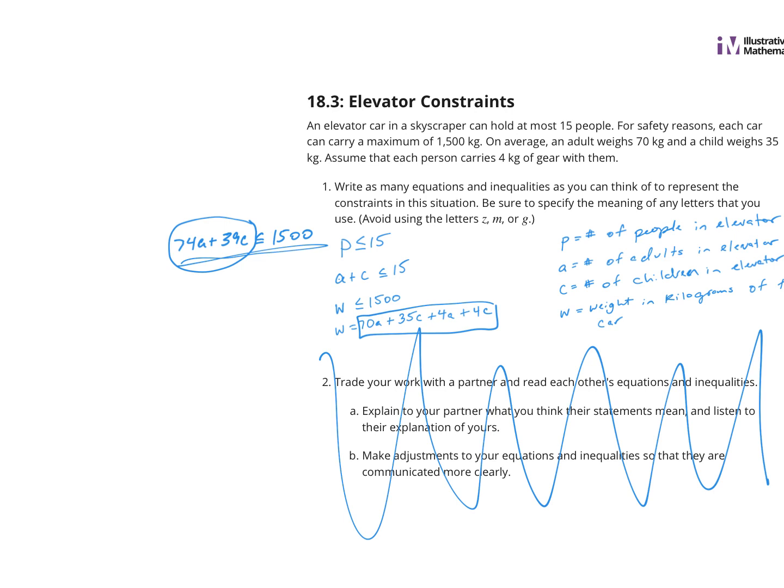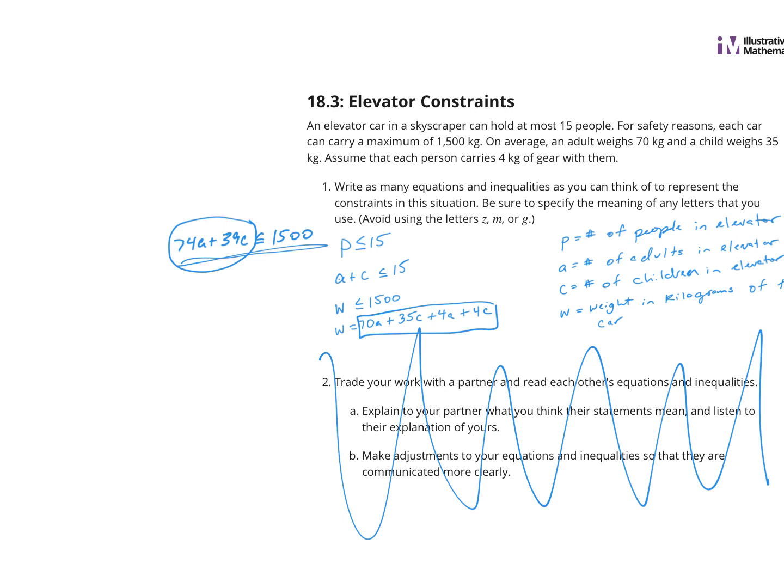So some advice when writing inequalities to represent constraints: make sure that you are specifying the meaning of each variable. You're not using the same variable to represent different quantities. A lot of us like to use X and Y, which is fine, but we can't just continuously use X and Y over and over again within the same situation.